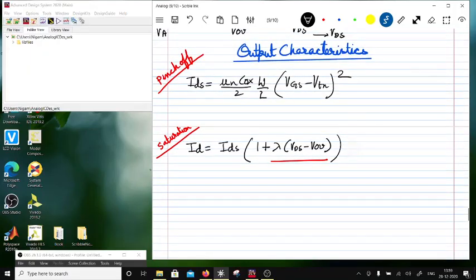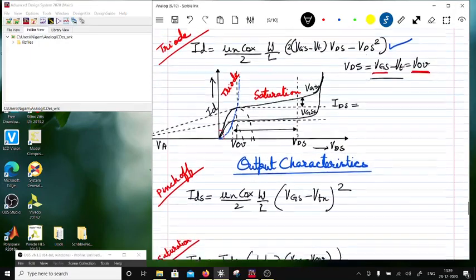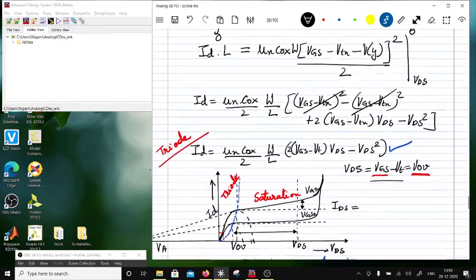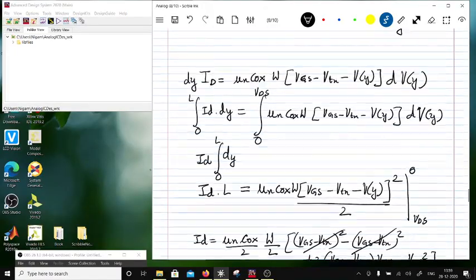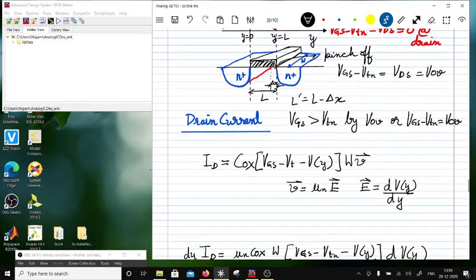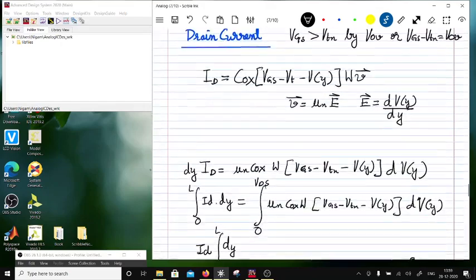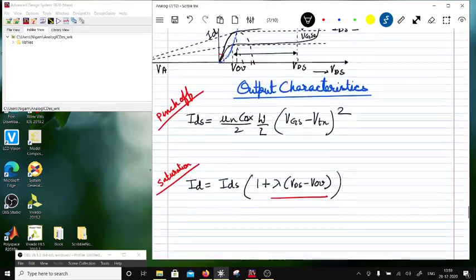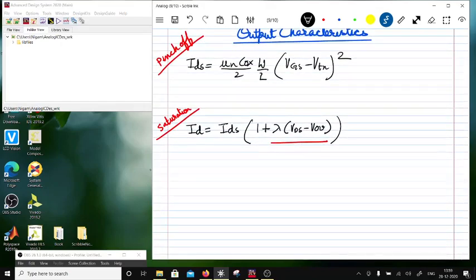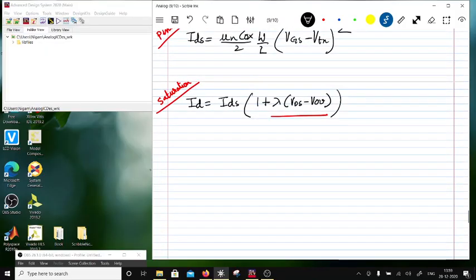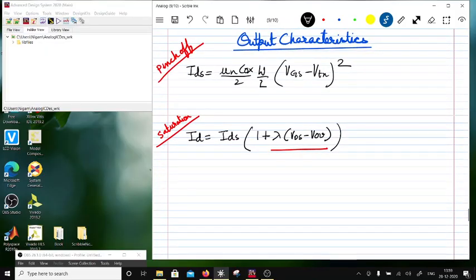Now, if for example the length was large, then delta x compared to L was a small percentage. So you would see that as L increases, the slope will reduce. So slope is a function of L, right?